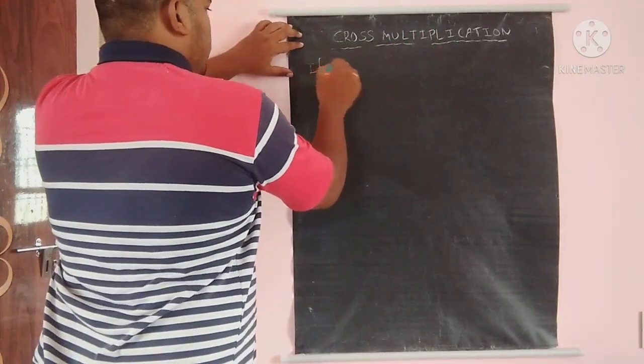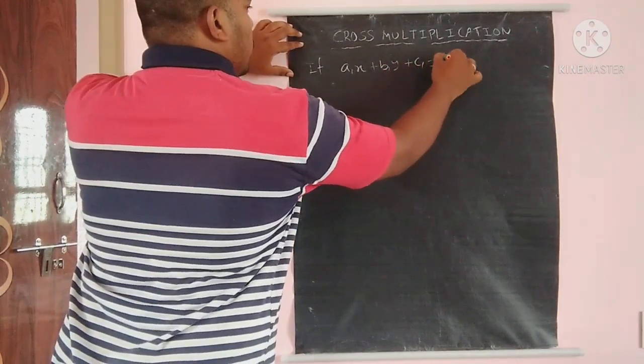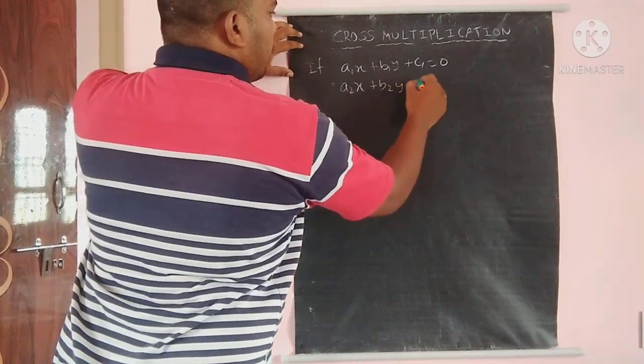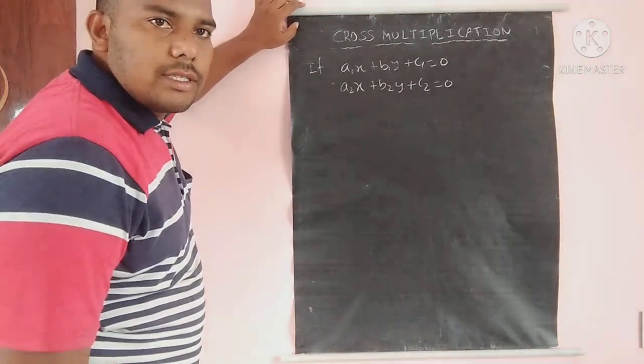So if a1x plus b1y plus c1 is equals to 0, a2x plus b2y plus c2 is equals to 0. So these are the pair of linear equations.